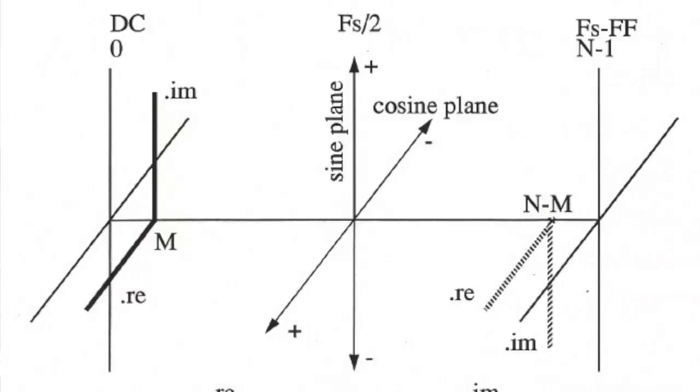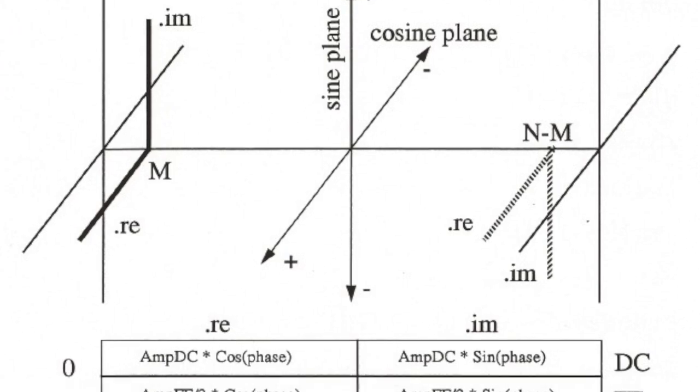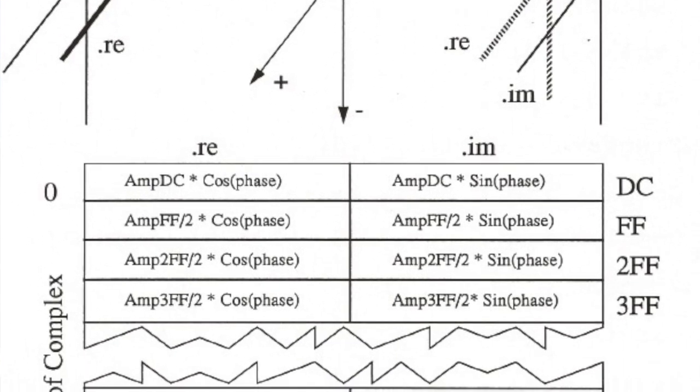In this graph, it's three-dimensional, so I have from DC through Fs/2 up to Fs minus Ff for a frequency, or 0 through N minus 1. You have to have N samples in frequency domain, and it has to be an array of complex, okay?